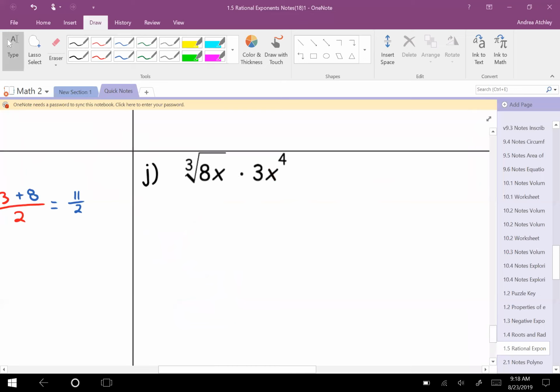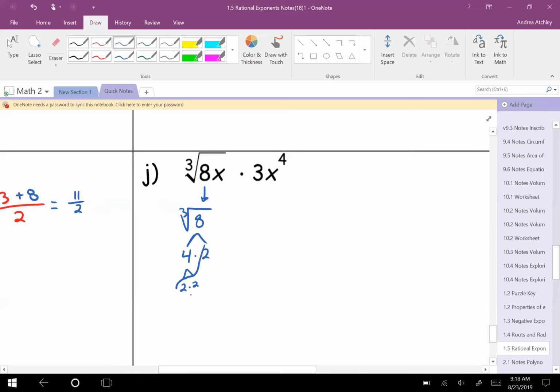Okay, next one. I have to convert them again to radical form. So I have to simplify that 8 though. It's the cubed root of 8. So I need to know what times itself 3 times is going to give me 8. 2.